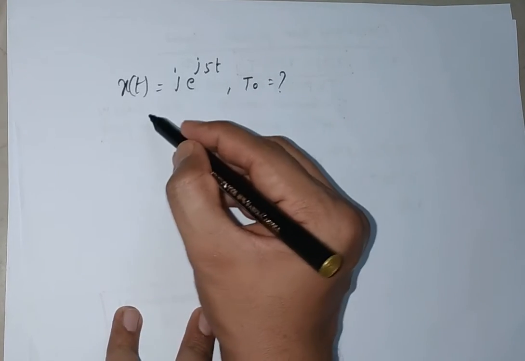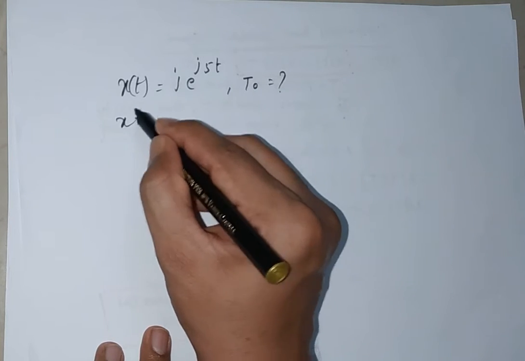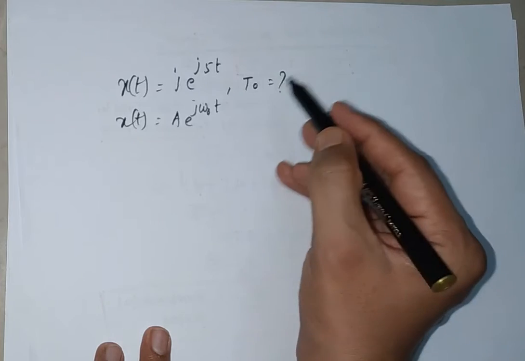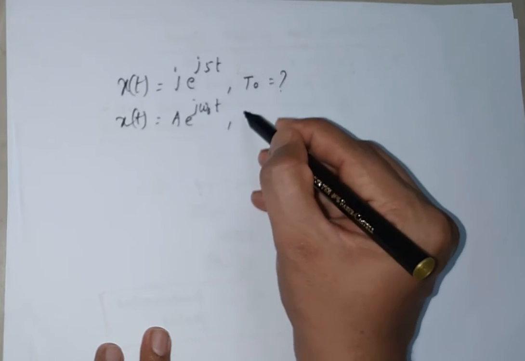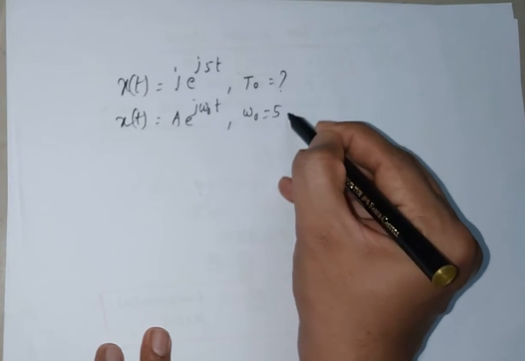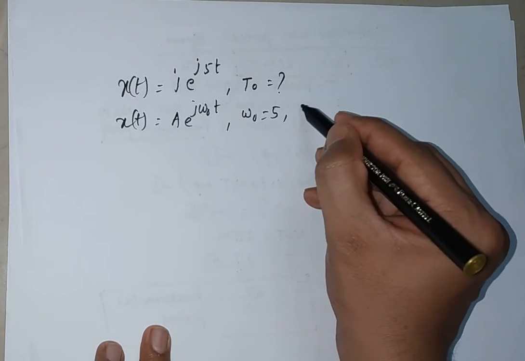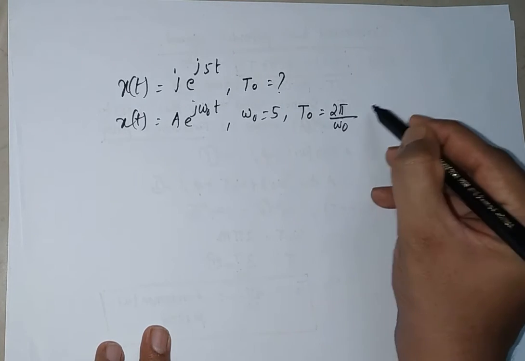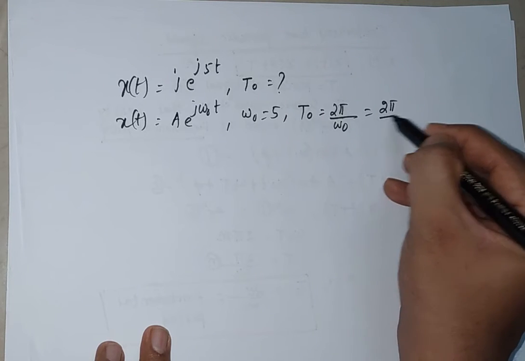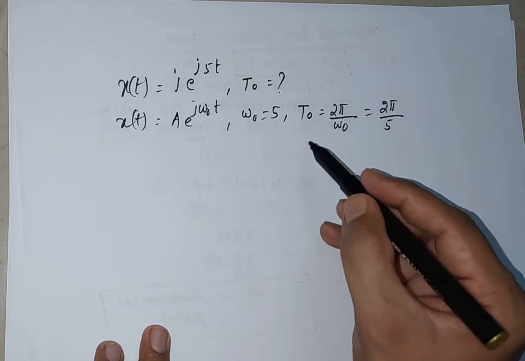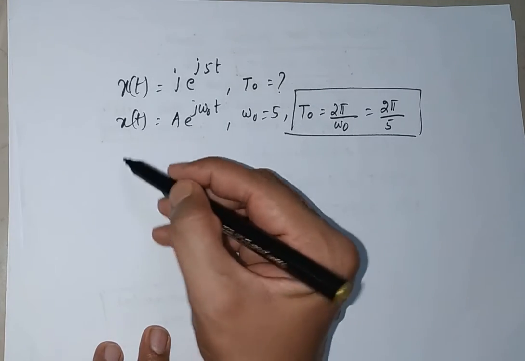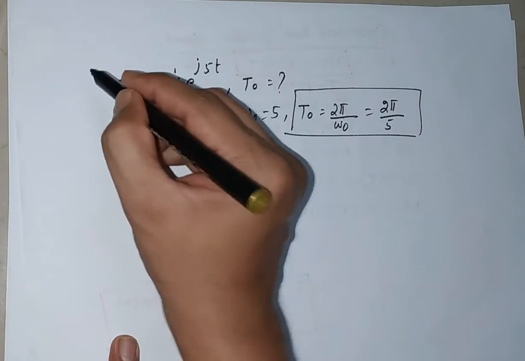If you see this equation in the form x of t equals A e to the power j omega 0 t and compare both, then omega 0 equals 5. Then the fundamental period t0 equals 2 pi by omega 0, that is 2 pi by 5.